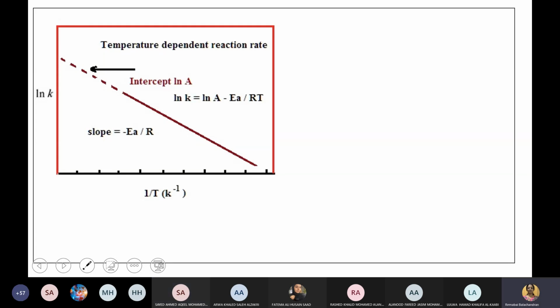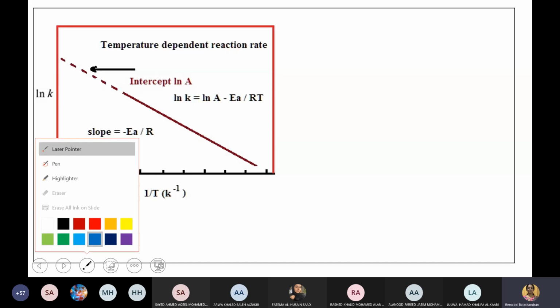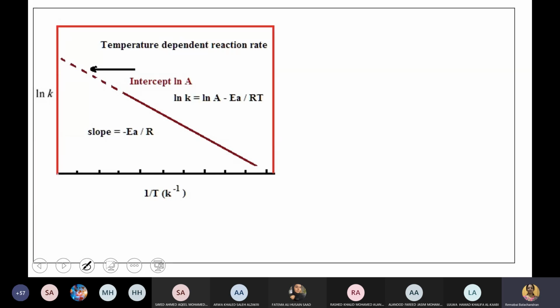No, the practical part, finding the order of the reaction M, N, P, and rate constant K, and all that. Clear. Okay, yes. So now look here. I will explain, don't worry. This part I didn't explain in the theory, right?